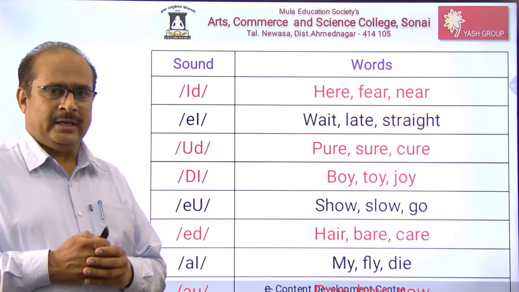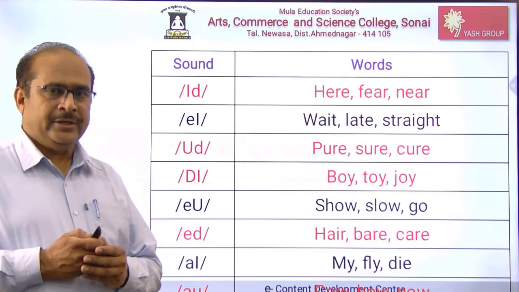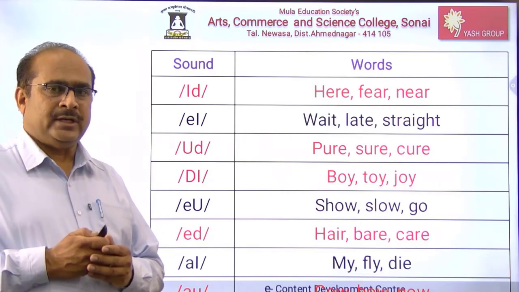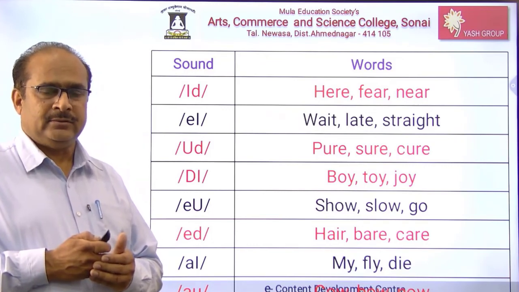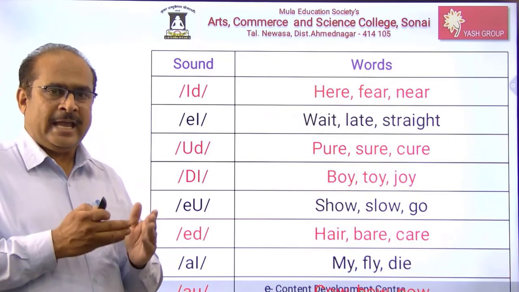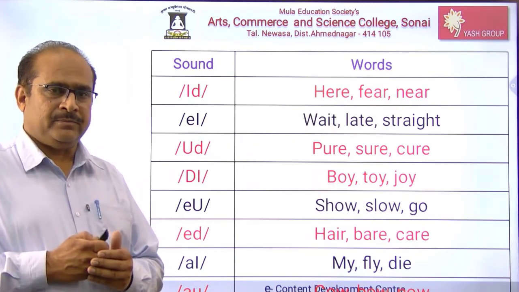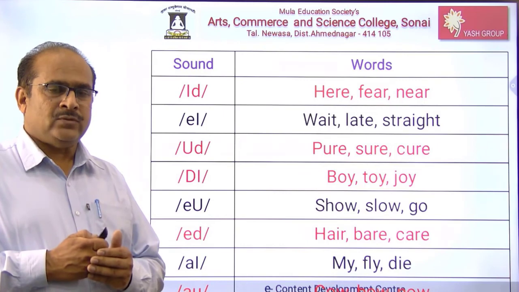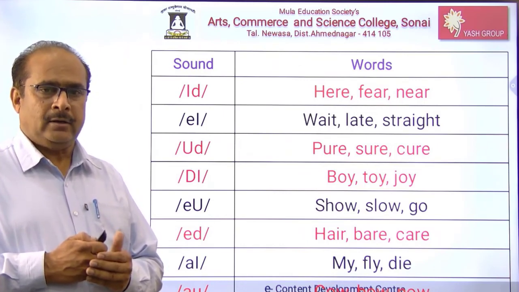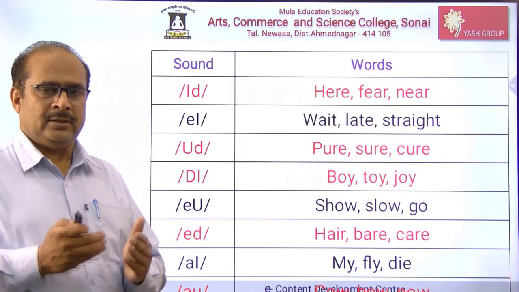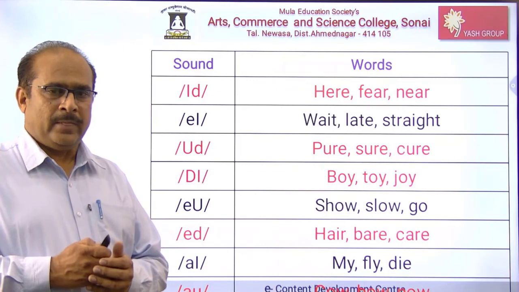For example, see the second sound, as we notice it in words like wait, late, straight. It is a combination of e and i. Then there is a sound like this, as we find in hair, bear, care, a combination of these 2 sounds. This is called a diphthong sound.